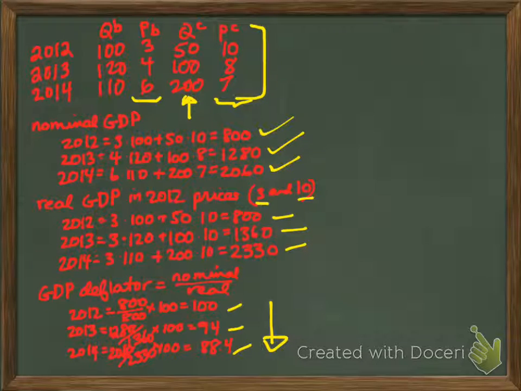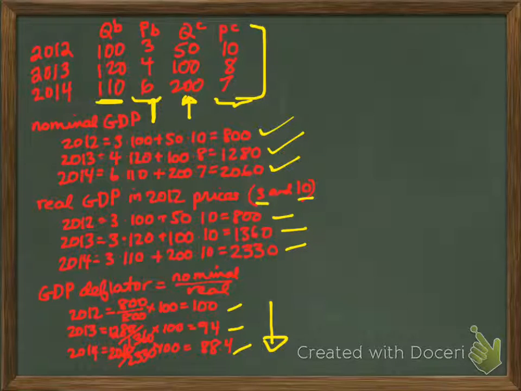Since the quantity of circuses is going up while its price is going down, the GDP deflator will give more weight to that decline in price than to the rise in price that's happening with the price of bread. The rise in the price of bread is happening, but the quantities of bread purchased are staying roughly the same, and so its weight isn't changing very much as we go along.